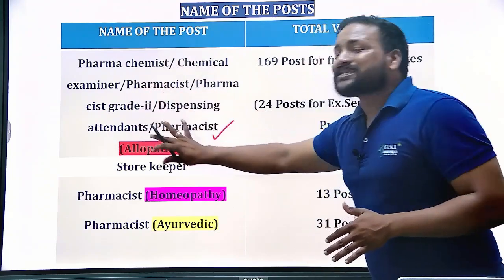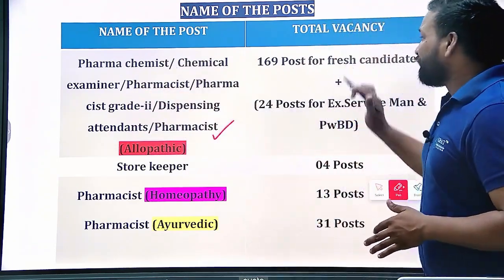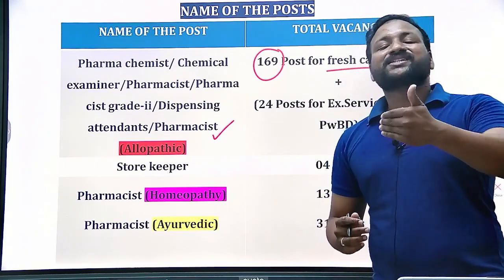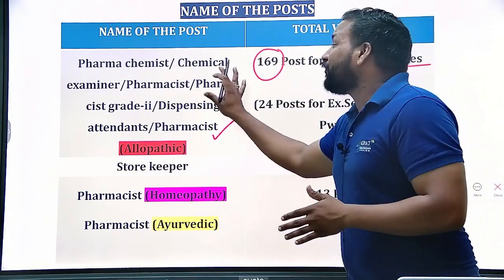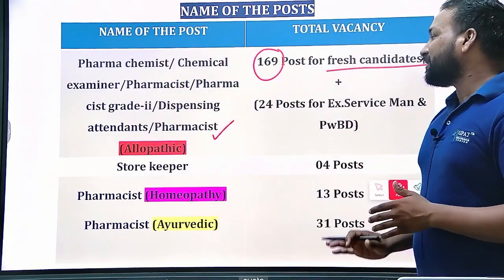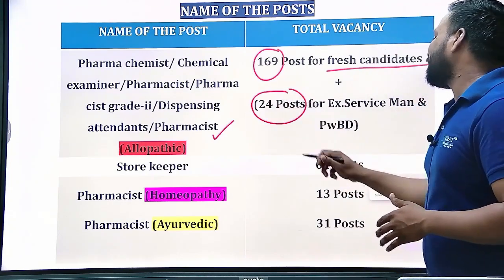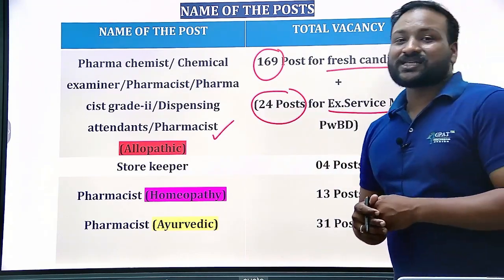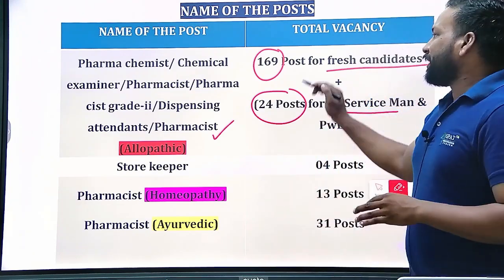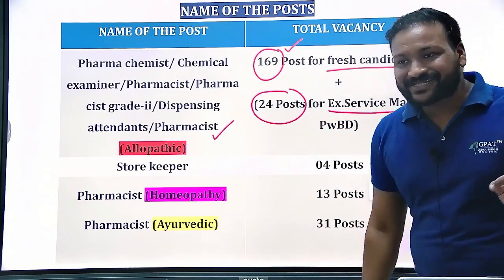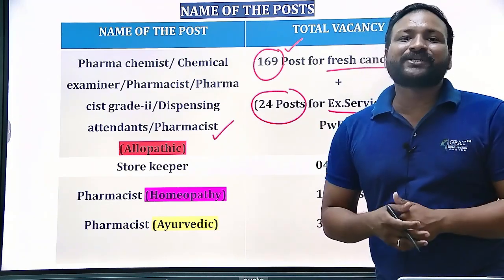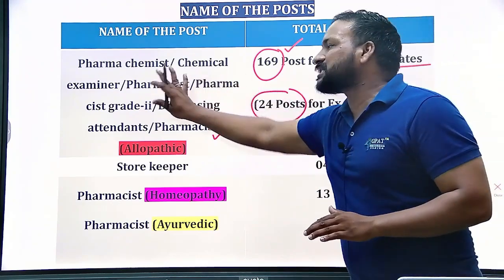For all these posts, we have a total of 169 posts for the fresh candidates. It also includes 24 posts for the ex-servicemen and persons with benchmark disabilities or PWD persons. Clear? So 169 for the fresh candidates and 24 for the combined ex-servicemen as well as PWD persons. Clear?